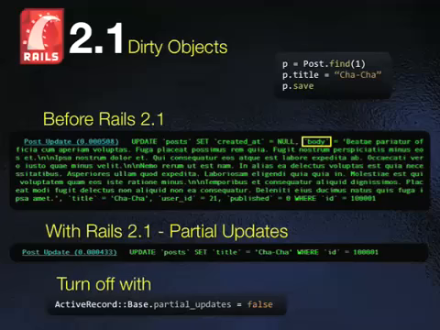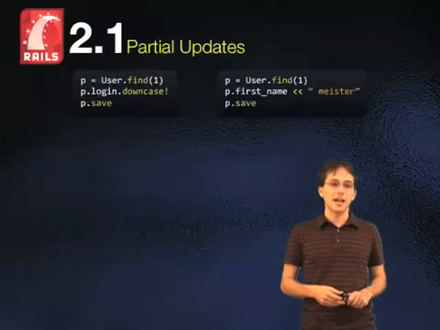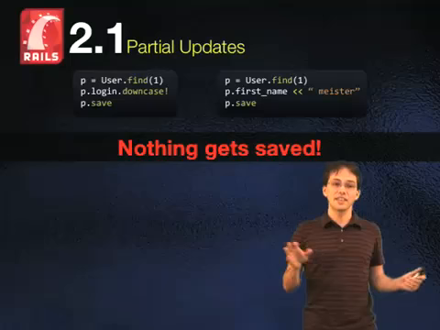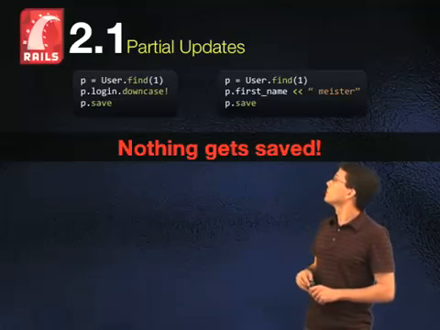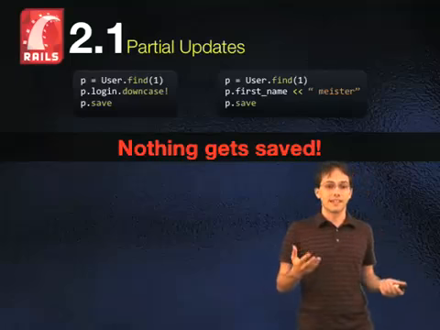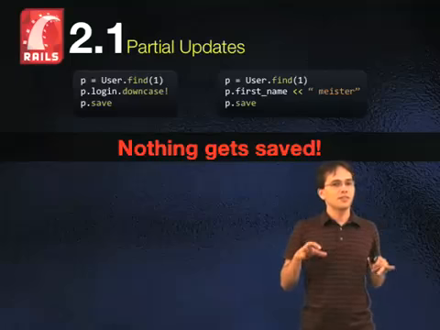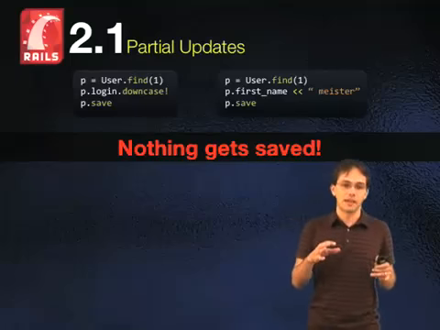There's one gotcha I want to go over with partial updates, though, that I ran into the other day. If you run either of these queries and you've got partial updates turned on, nothing is going to get saved to the database. Nothing at all. If you're using any bang operator to change a field, or if you're using the in-place edit. Right? Why is this? Well, it has to do with how dirty objects are implemented. Basically, it's looking at the attribute equals method, right?